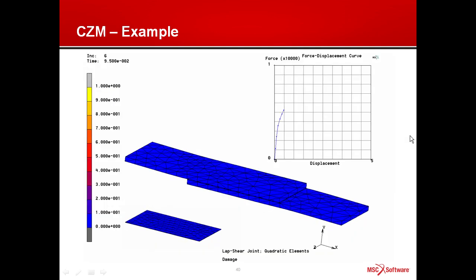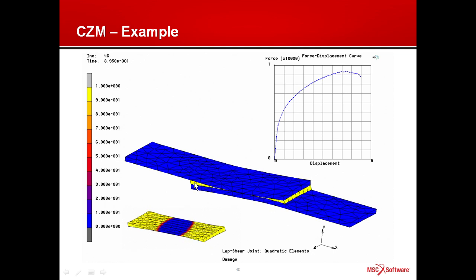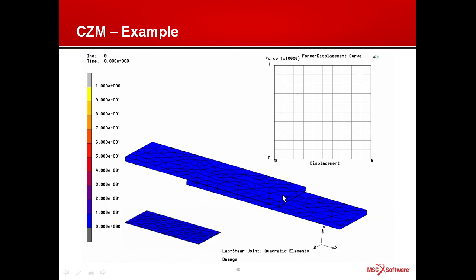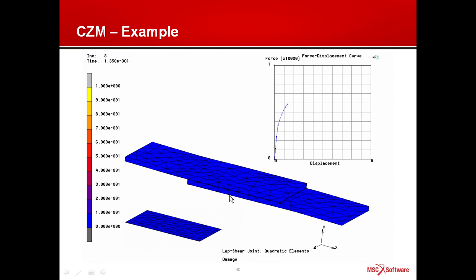Let's go ahead and load up the single shear joint. If you watch the animation in the middle here, you'll notice the damage starts from the outer edges and moves toward the middle until it completely fails. You can also watch the adhesive layer shown here in the lower left-hand corner.